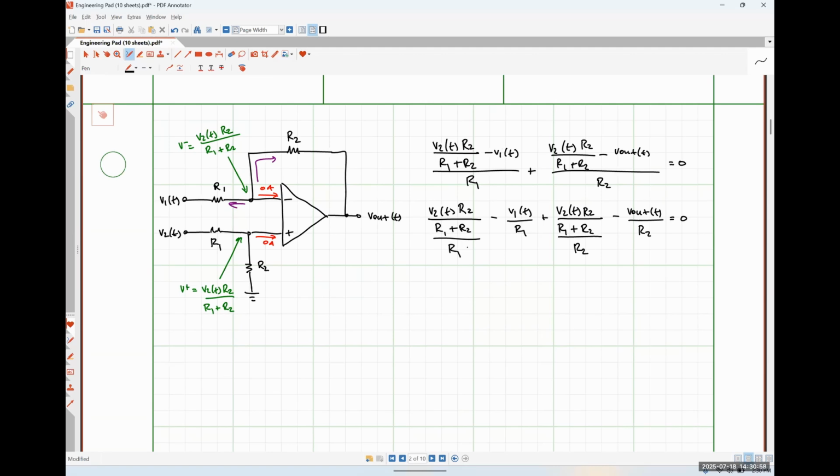So I believe that this term right here could be simplified to be V2 times R1 times R2 over R1 plus R2.